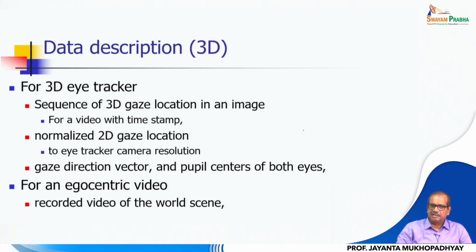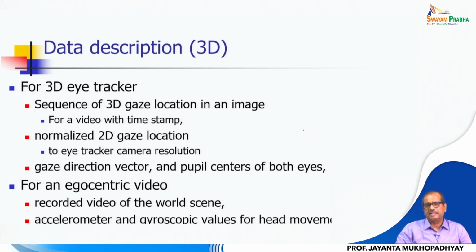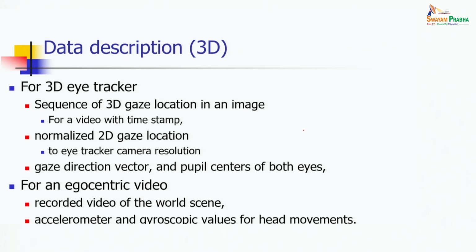So you can record the video, and with respect to that video you can find out which points in the frame are being looked at. Other than that, the motion of the viewer, that means accelerometer and gyroscopic values of head movements, are also available, which is required for correcting the respective gaze or coordinate system, co-registering the coordinate systems.